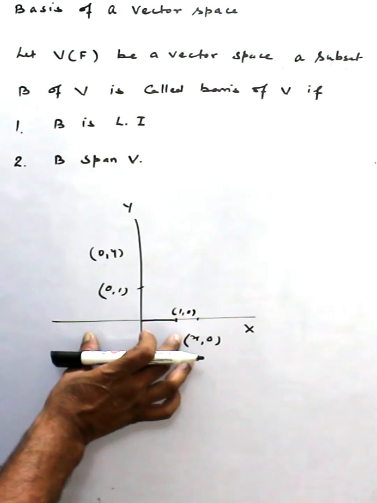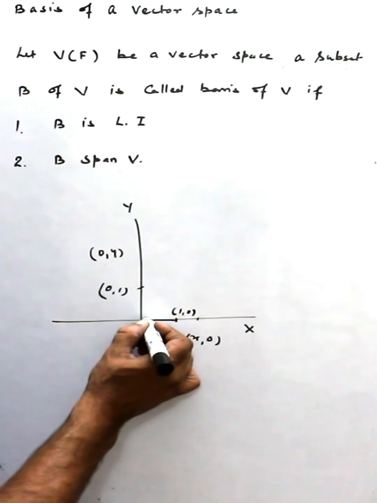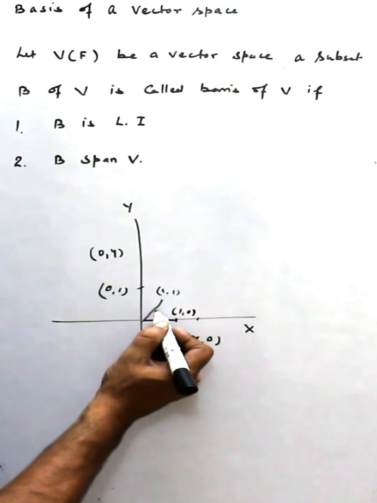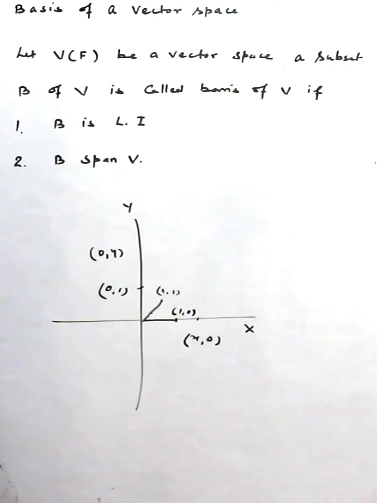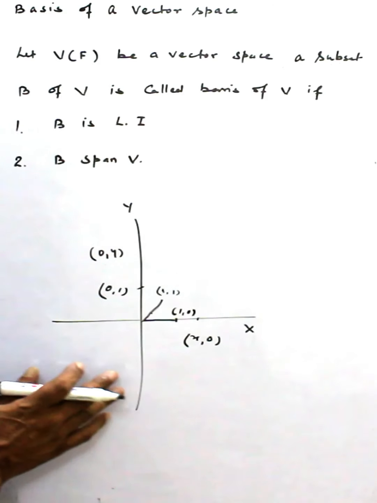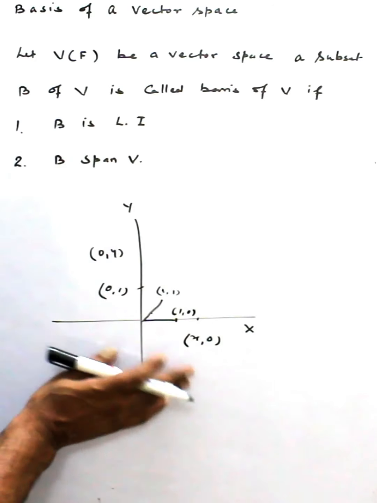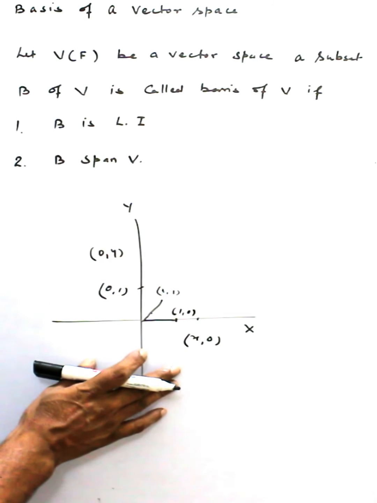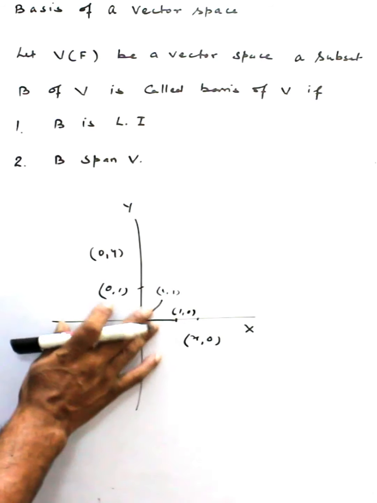So these two vectors form a basis. If I rotate this vector, now it becomes (1, 1). So this vector and this vector also form a basis. Any two vectors which are linearly independent, where the direction is not the same or opposite, form a basis. We have proved this earlier.